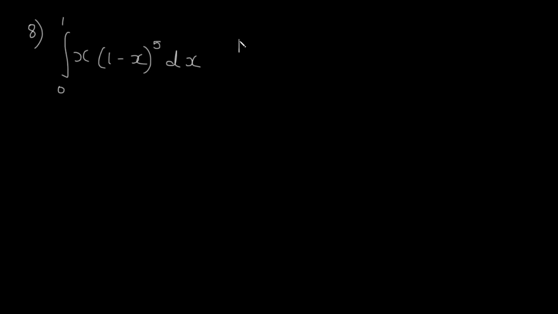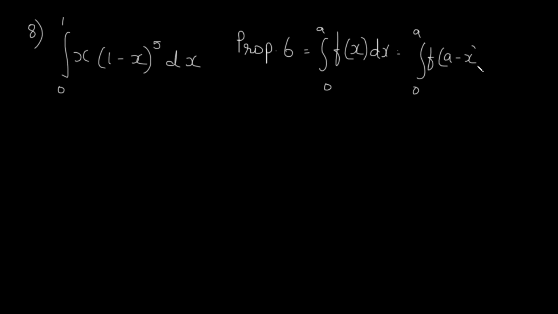Here again we make use of property 6 itself, which is the integral from 0 to a of f(x) dx, which can be written as the integral from 0 to a of f(a minus x) dx. What is the reason for using this property? Because we cannot solve this integral directly. Expanding (1 minus x) raised to 5 is very difficult. You need not break your head with the formula for how to expand it. You can directly use property 6 and simplify this.